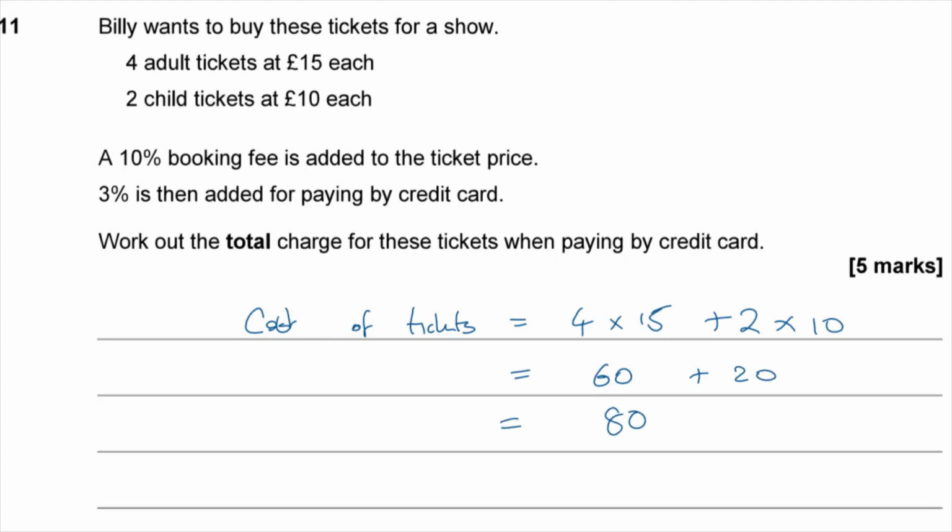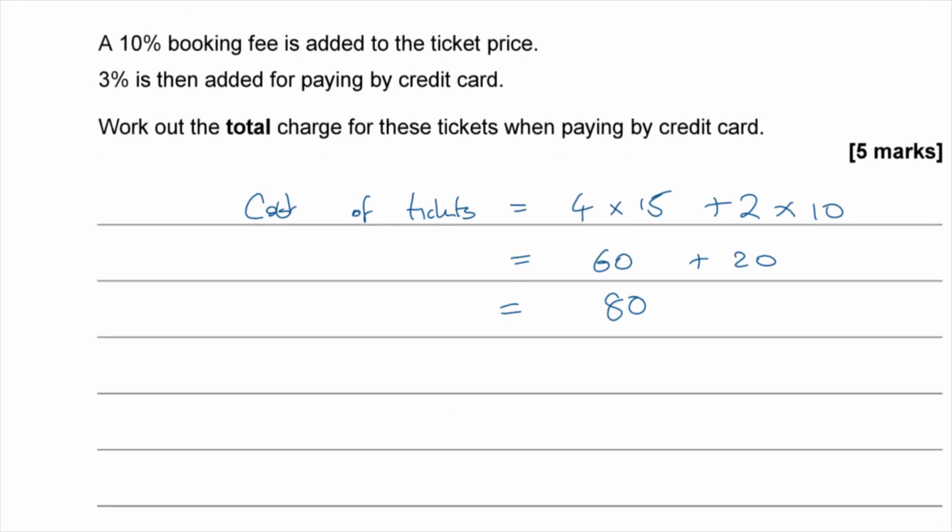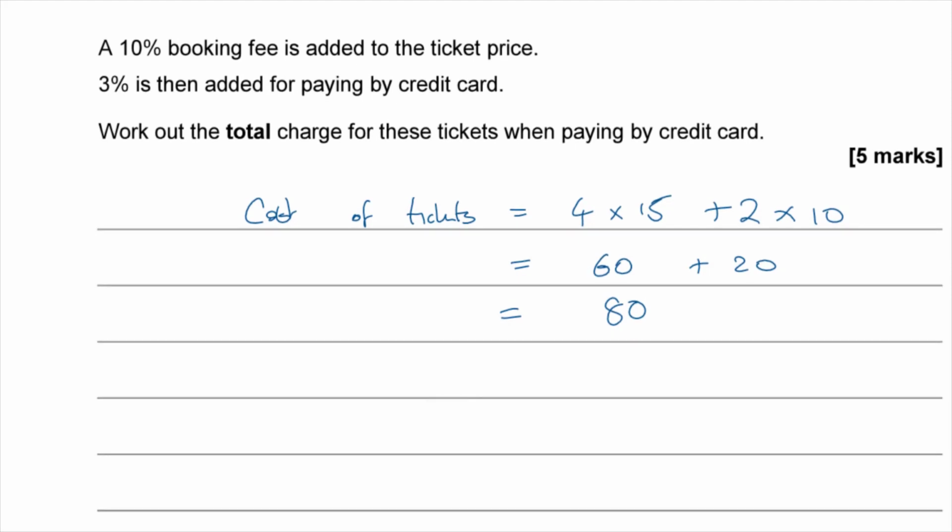Adding those together gives me 80. So the cost of the tickets is £80. Plus we need to put on the booking fee. It's going to be 10% of that, so that's going to be £8, isn't it? Give me a total of 88.